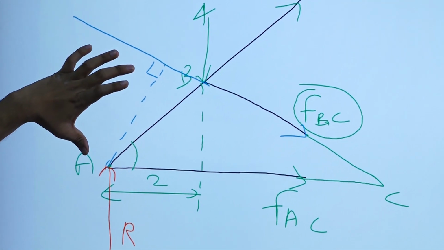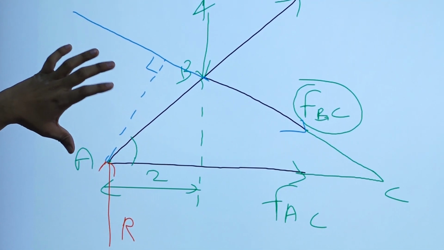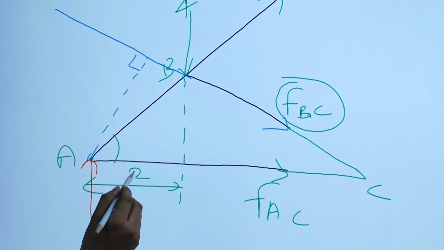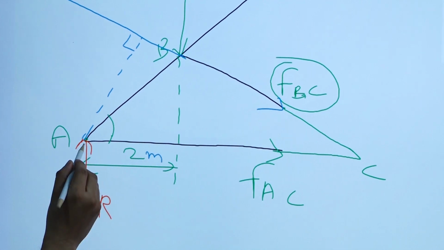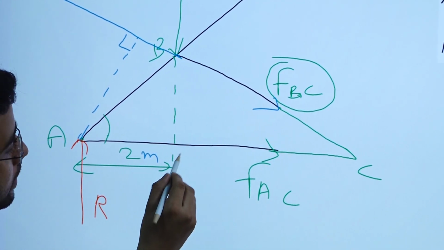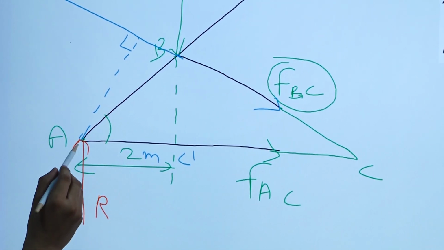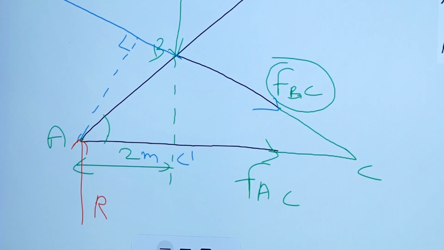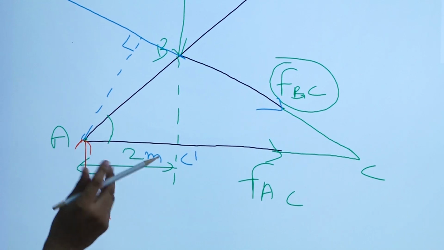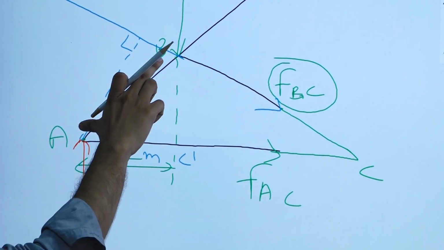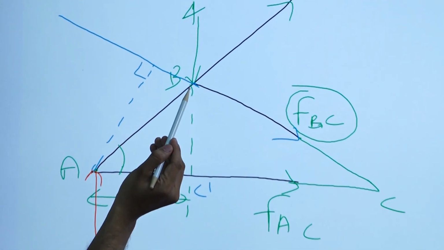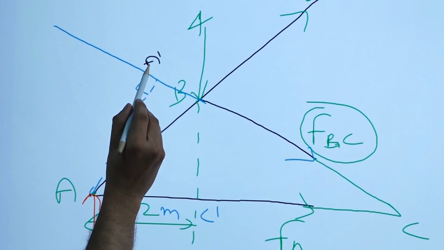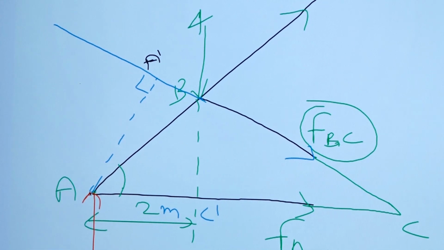Okay, this distance, how we are going to find out? It is very easy, right. How to find out this angle? Because we already know this 2 meters, right. From here to here, suppose this point is C dash, we already know this length, AC dash. Okay, so first we will find out AB, right, from here to here, then we are going to find out AA dash, the perpendicular.